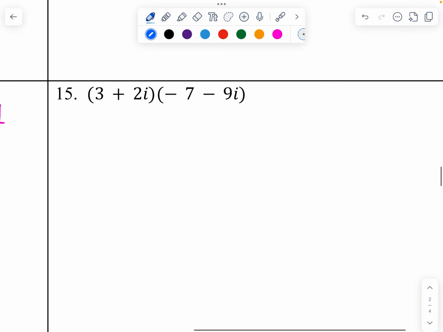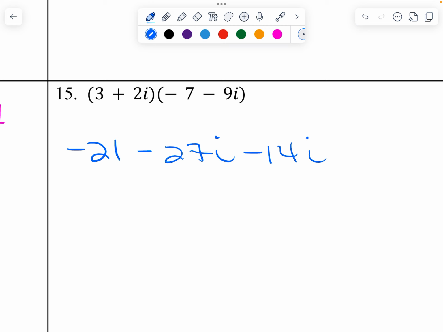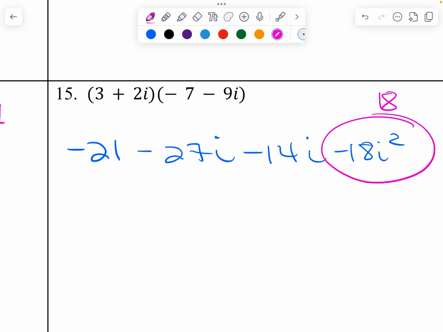Over here, negative 21 minus 27i minus 14i minus 18i squared. Again, this will change to 18. So I would get negative 3 minus 41i.